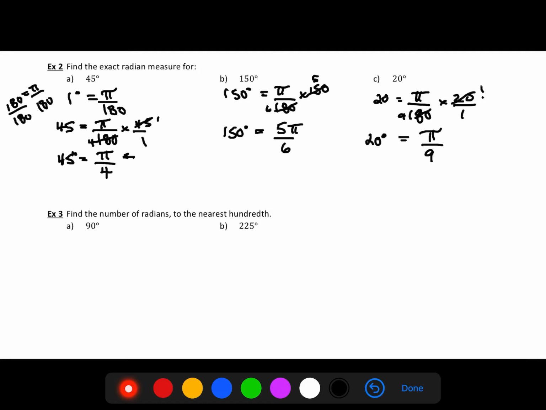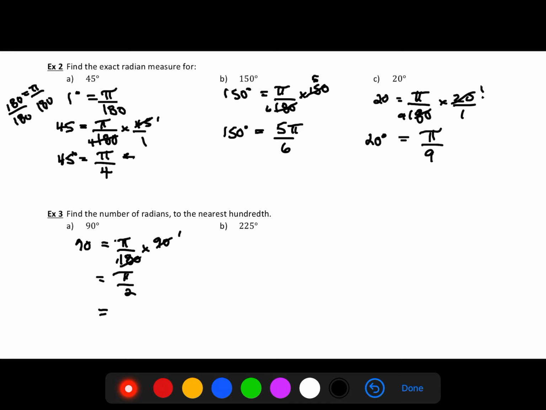Example number 3, we want to find the number of radians to the nearest hundredth. So we're still going to do the same thing, but we're going to use our calculators to figure out our decimal. So 90 degrees equals pi over 180 times 90, and we're going to get pi over 2.